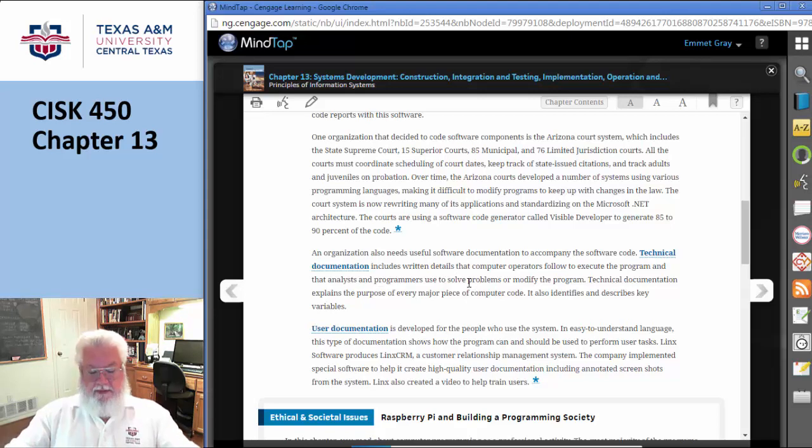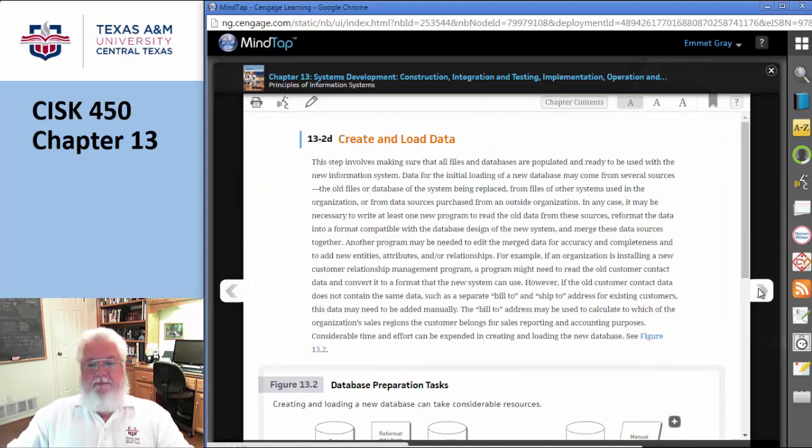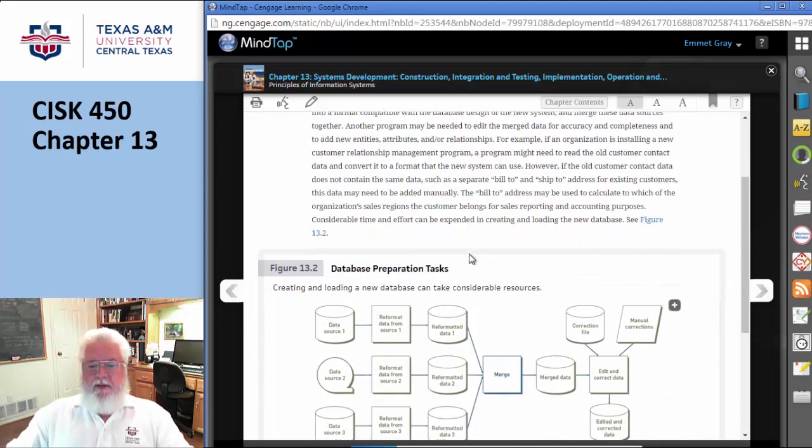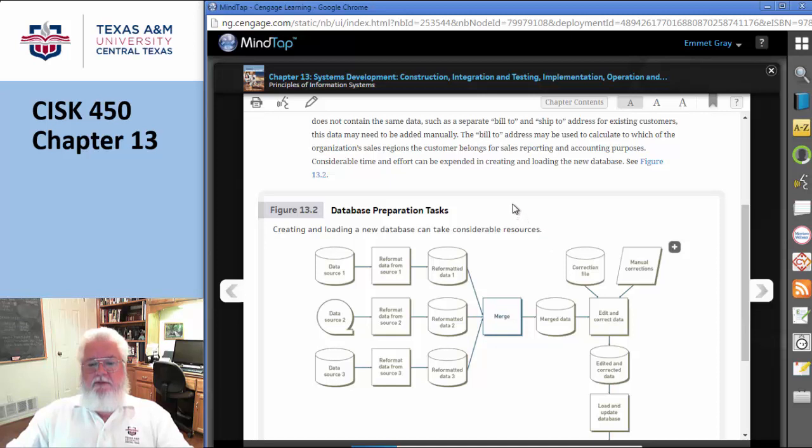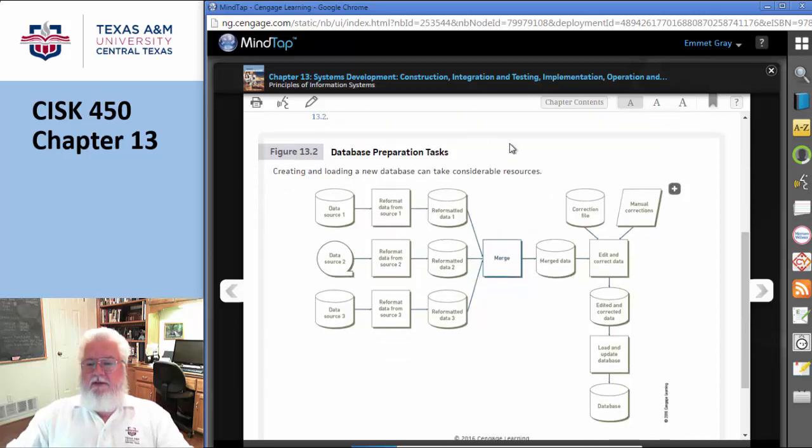Okay, let's continue. The next thing to talk about is the database part. Creating a new database, if you've never done that before, leave that to the professionals, because you can make some horrible choices. But I will tell you that this is not quite as clean as you might think. Let's say, for example, here's your existing system.